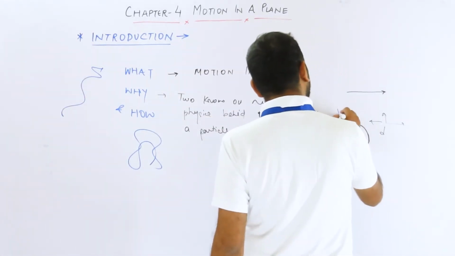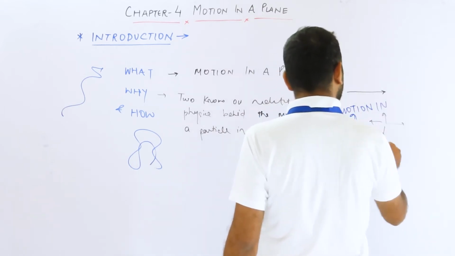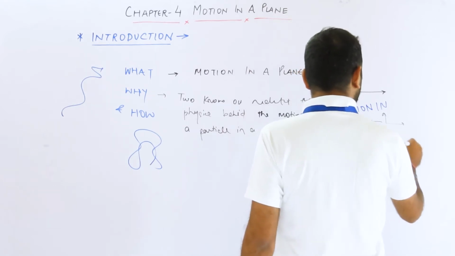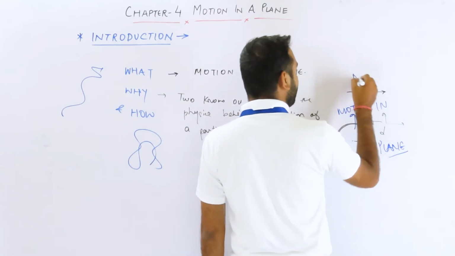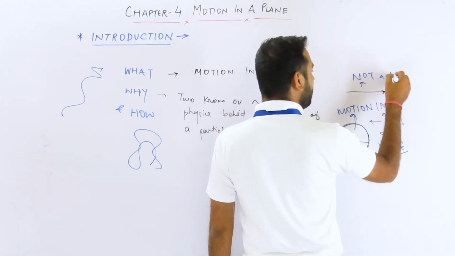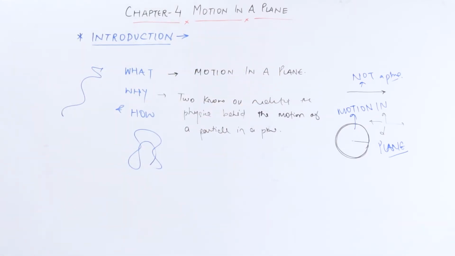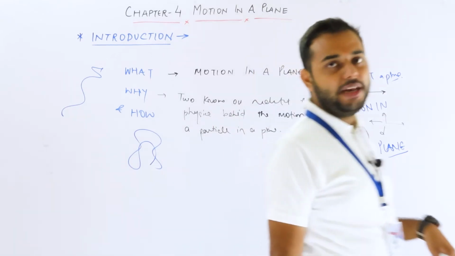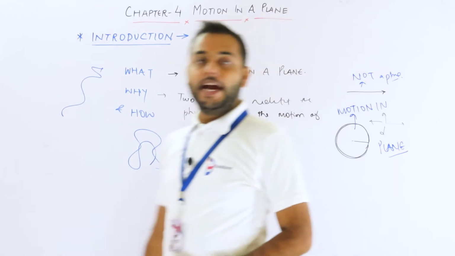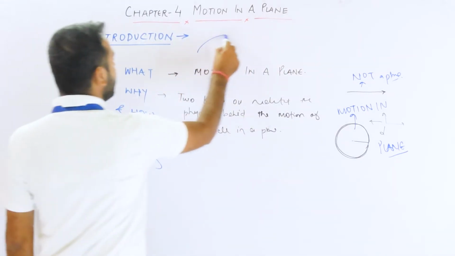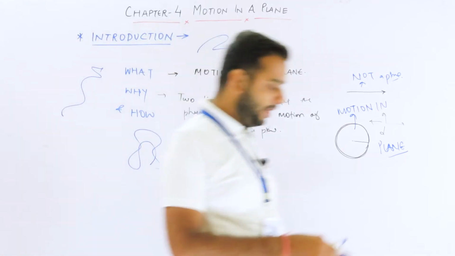But if a particle moves in a straight line, that is not a plane at all, because the particle is moving in a particular straight line and has only one dimension. But if the particle is moving in a plane, meaning in an xy plane, then it is allowed to move anywhere in this plane. It can take any direction. This is also the movement of a particle in a plane.